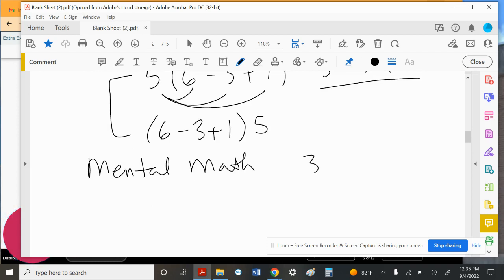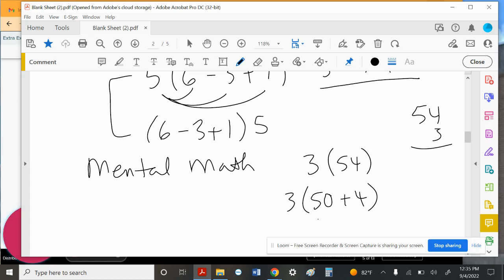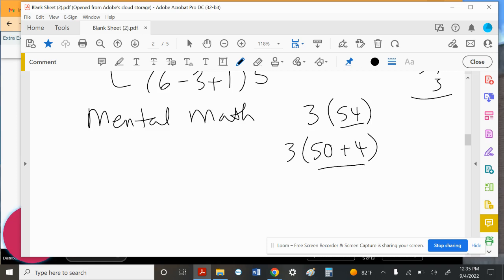If I have 3 times 54, of course, you're going to have to get out a calculator, or you're going to have to do it this way, 54 times 3, which of course is fine. Or I can do this, 3 times 50 plus 4. Notice I changed 54 to an addition problem, and now I'm going to distribute. 3 times 5 is 15, so 3 times 50 is 150. And then 3 times 4 is 12, that is 162. So it's a little easier to do it in your head.